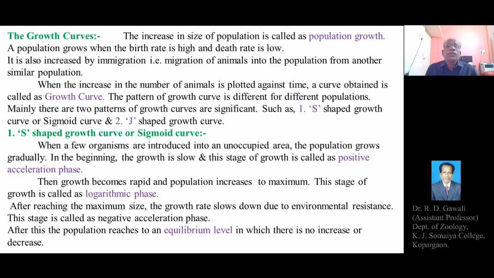It is also increased by immigration, that is migration of animals into the population from another region or from another similar population. So the size of the population increases when there is a high birth rate and low death rate, together with immigration, that is the addition or entry of new organisms into the population from another similar population.